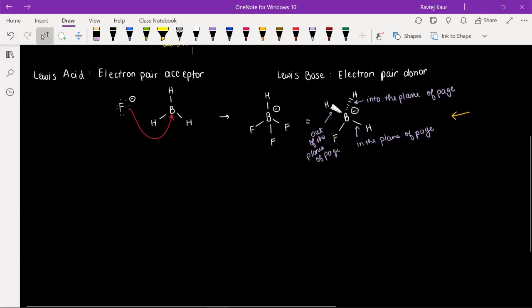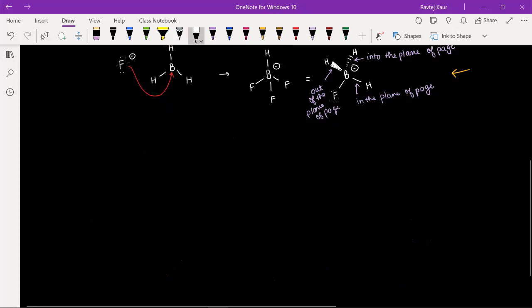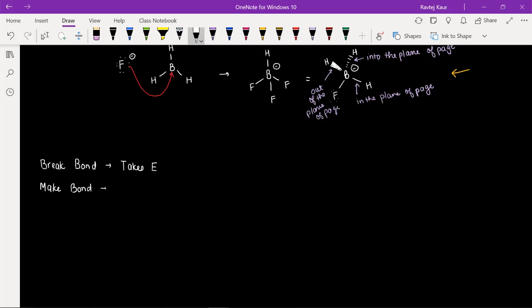And then there is one concept which is sometimes misunderstood. It is that when you break a bond, it takes energy, right? And this is intuitive. You can see, okay, if I want to break something, I need to put in energy. But then if you make a bond, you actually release energy.